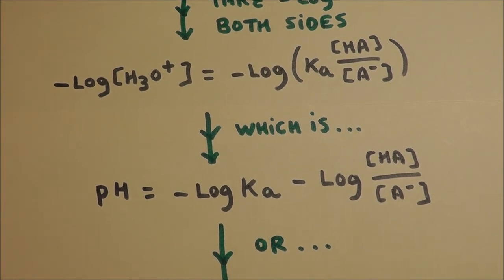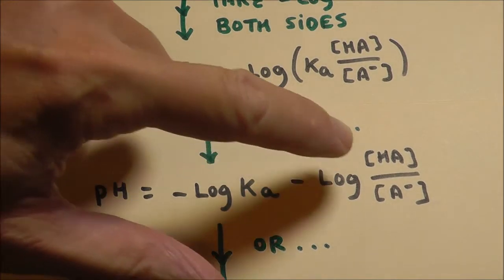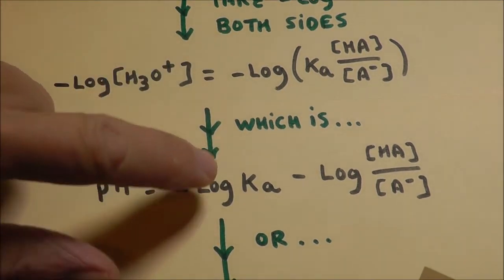The smaller the pKa, the bigger the Ka, because the negative log tells you that. And the bigger the pKa, the weaker it is. You just take the number out of the chart and take a negative log of it. And this is minus log of HA over A minus. So we'll simplify: that's called pKa.